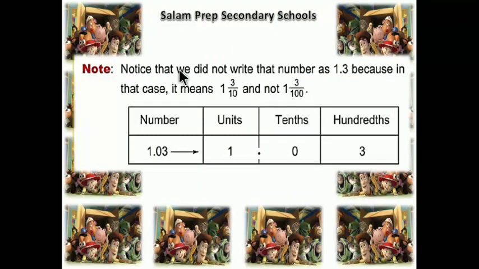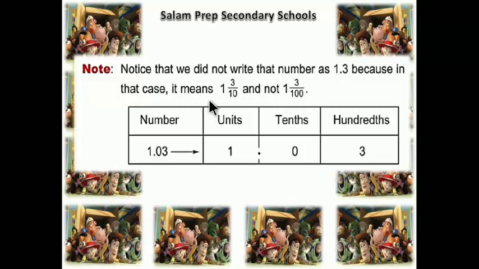Note that we didn't write that number as 1.3 because in this case it means 1 and 3 tenths and not 1 and 3 hundredths.